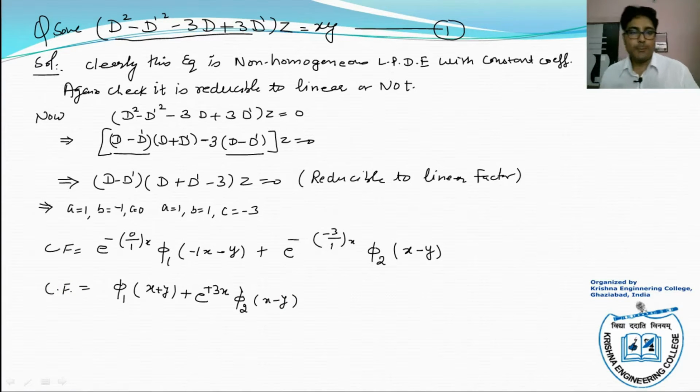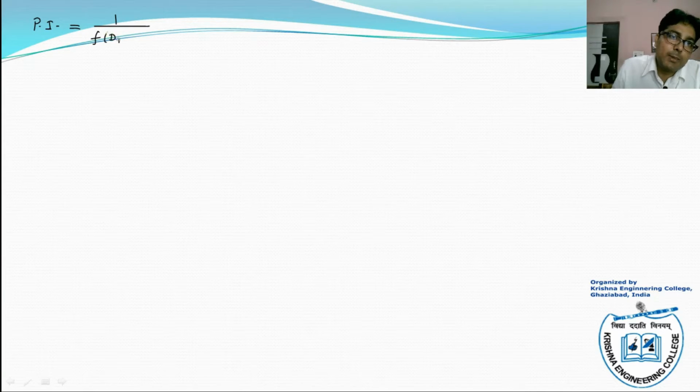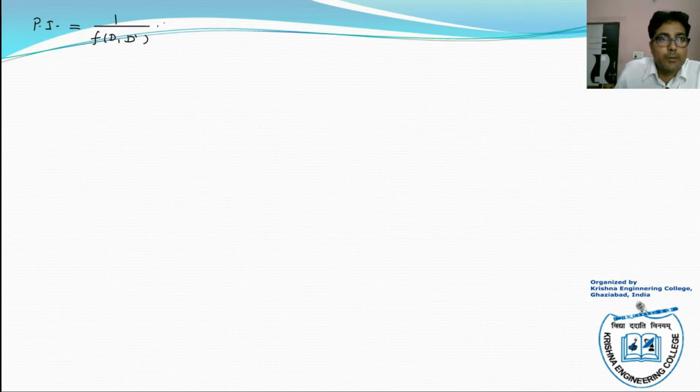Now we find PI on the next page. The PI is 1 upon f(D, D') into xy.